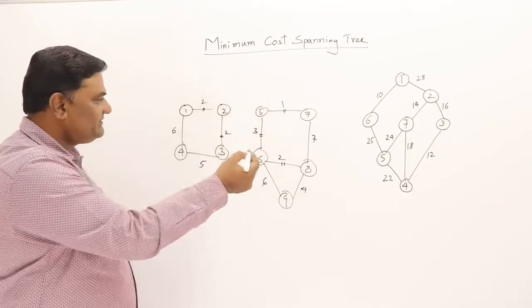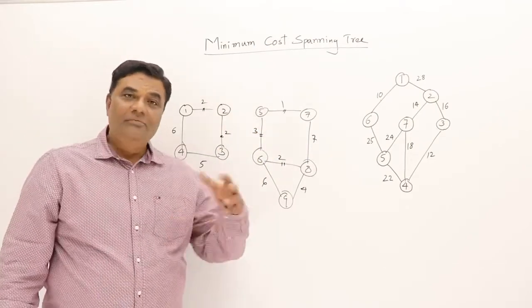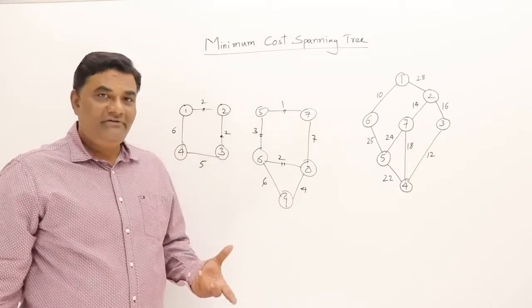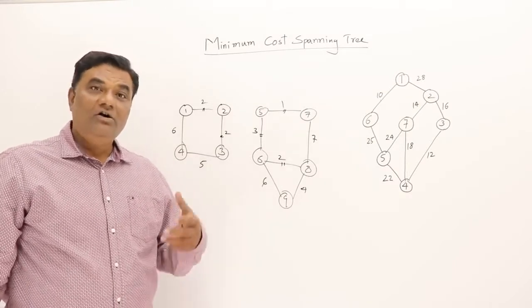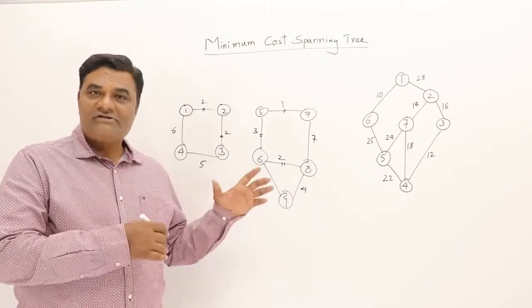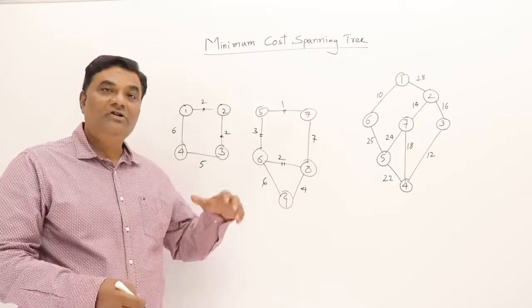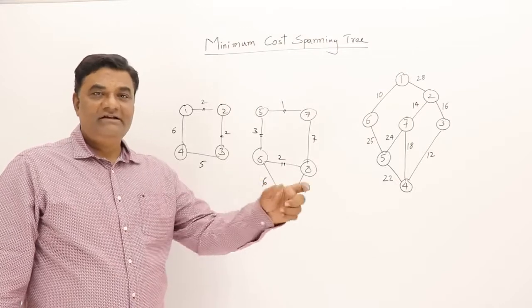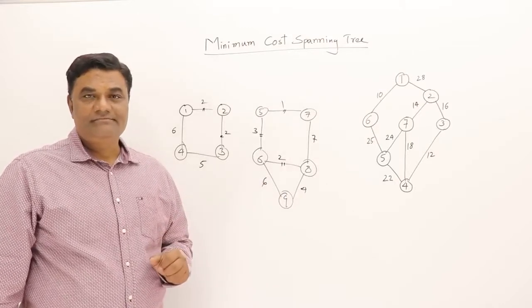In this way it is selecting the minimum edges from all the components. So it may find spanning trees for all the components, but not for the entire graph. So Kruskal's algorithm may work for non-connected graphs also, but it gives spanning trees for those components.